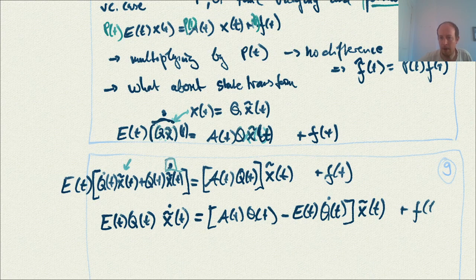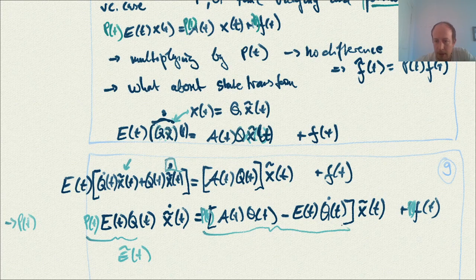plus f of t. And now really we can just multiply with a P of t. So this will give us P of t, to be, this is E tilde of t, and all this here is A tilde of t.